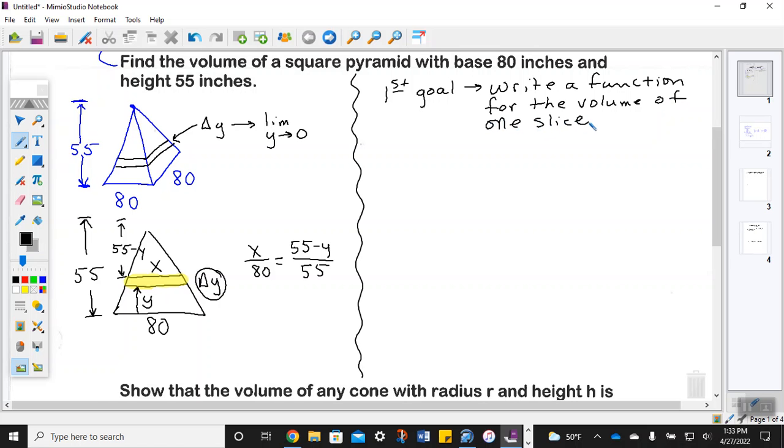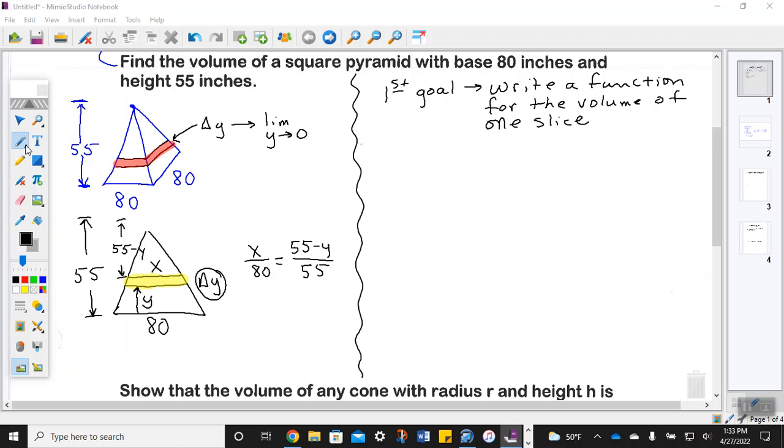Okay. So let's go into this right here, kids. That slice that we're kind of talking about in this pyramid might be right in here. Based on our cross section down here, what distance is this really? 80.